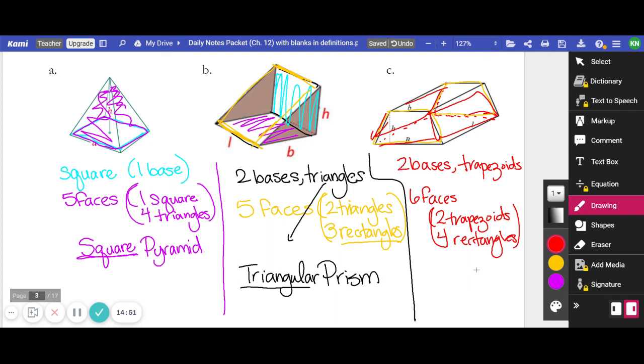Because we see we have 2 bases and rectangular faces, again, we have a prism. The question is what type? Well, you name a prism by the base, so this would be a trapezoidal prism for the name of that shape.